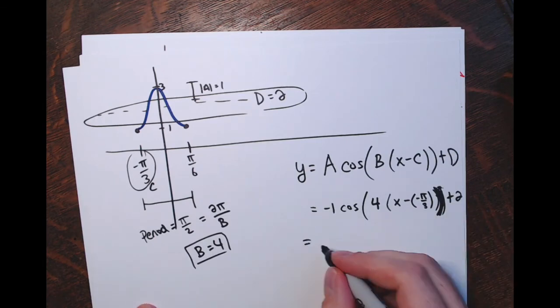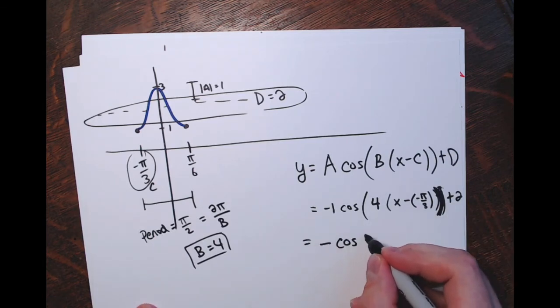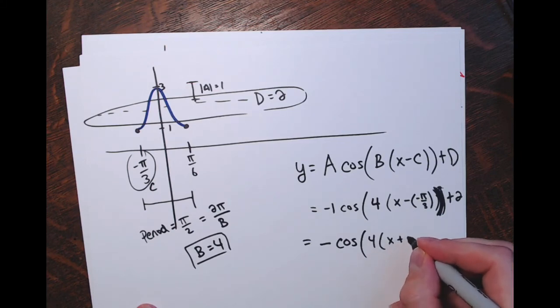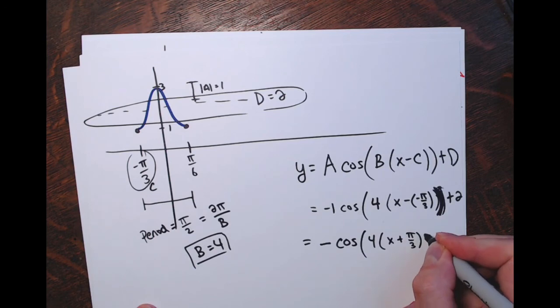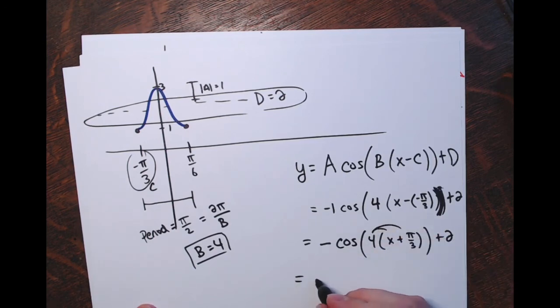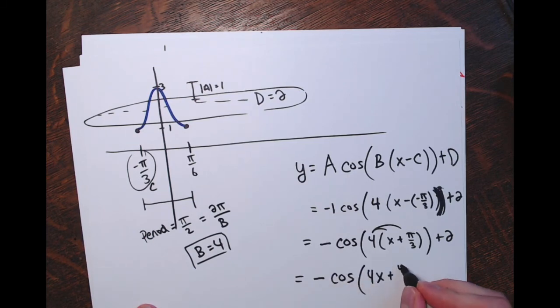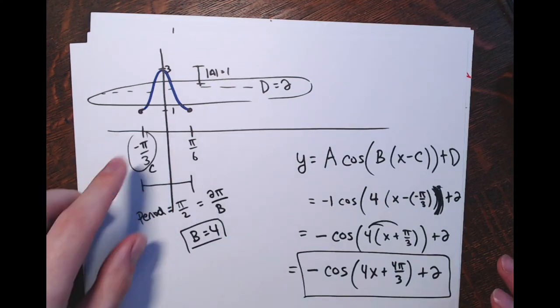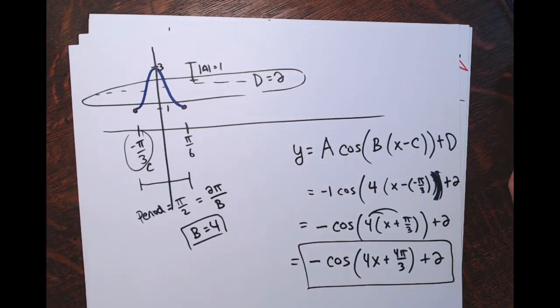And then simplifying this would be negative cosine of 4 times the quantity x plus π/3, and then plus 2, and if we put the 4 back in here, distribute the 4, that'd be -1 times the cosine of 4x plus 4π/3. Alright, putting the 4 in there, and then plus 2, right? So this function here, y equals this, has the graph that they gave us, right?